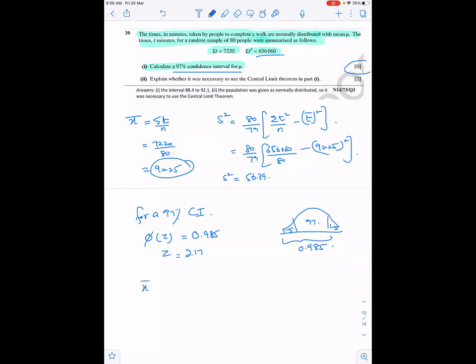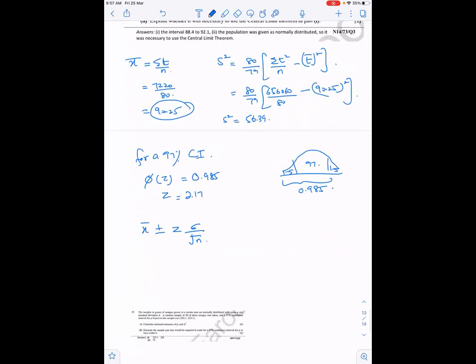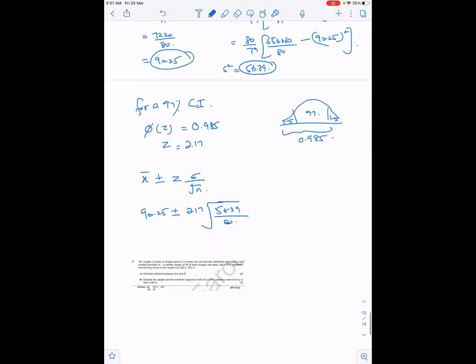So x plus minus z, this is the formula. Okay, so the mean is 90.25 plus minus 2.17 into, I can just put this whole thing as 56.39 upon square root of 80. I'm calculating this part first.